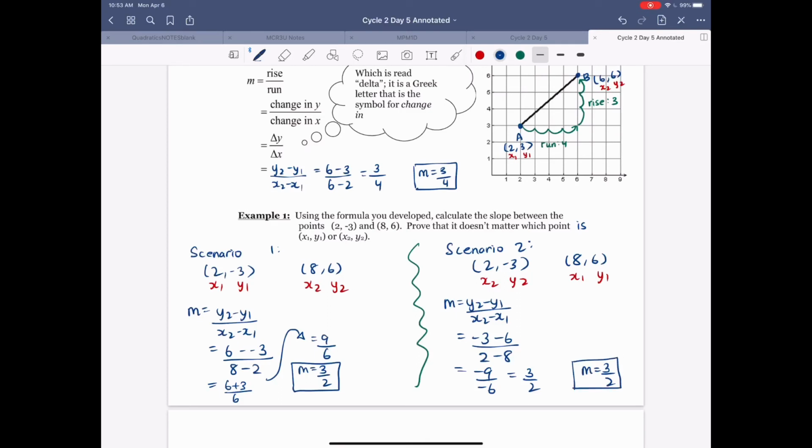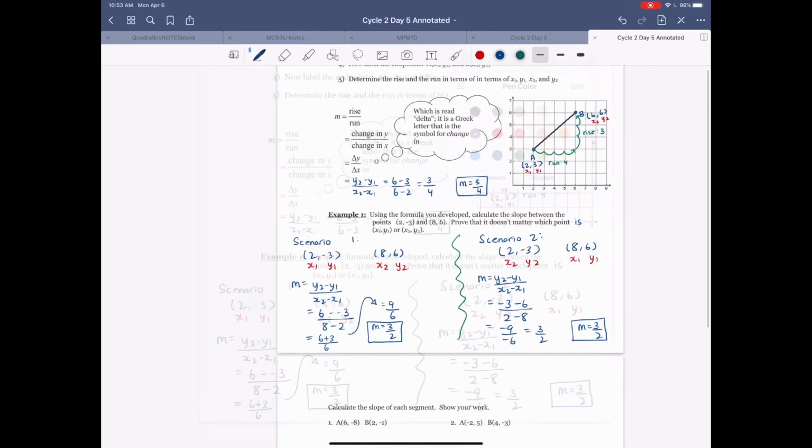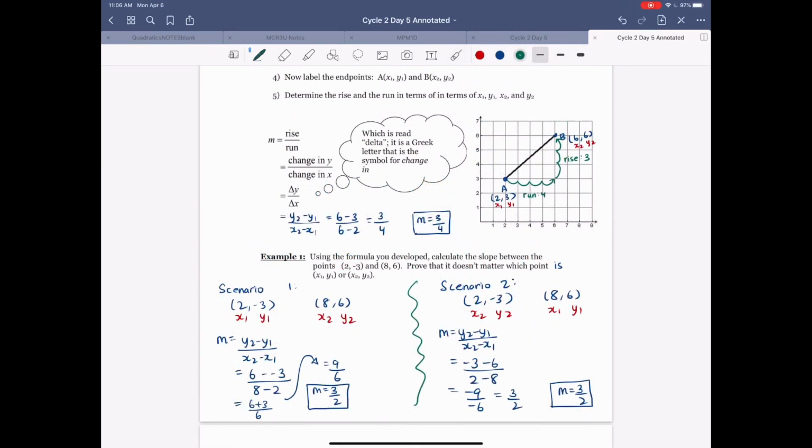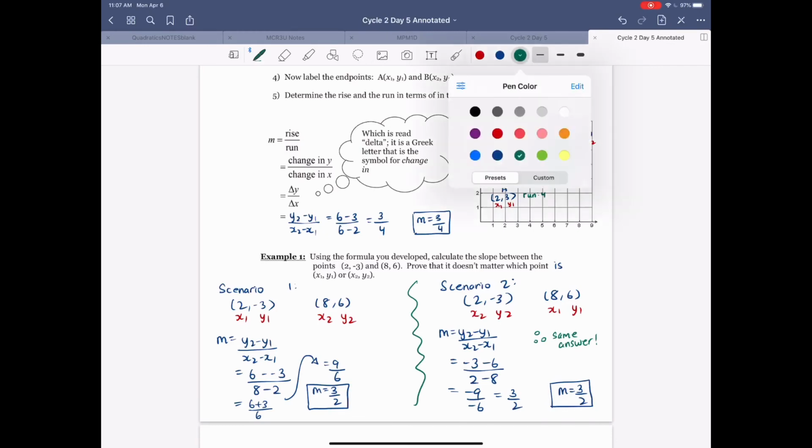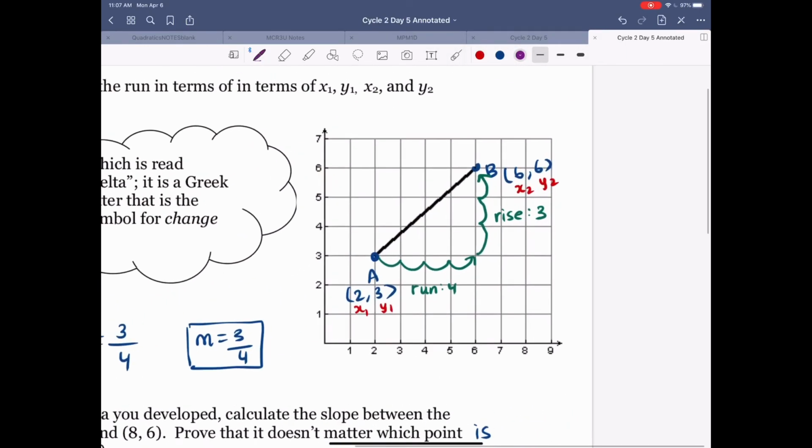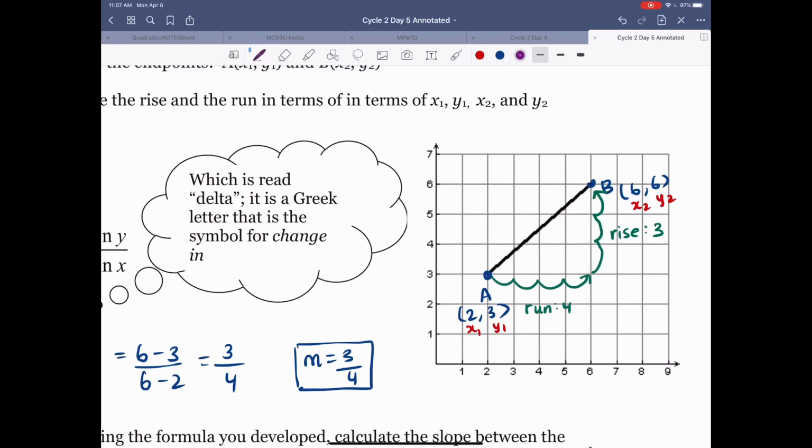The reason for that is we are just looking at the two coordinates from different angles. Therefore, I have the same answer regardless of whether I look at 2 comma negative 3 as point 1 or point 2. And why that works has to do with the way you're looking at it. If you look at the previous example where we got m equals 3 over 4, we're looking at it from point A to point B, right?